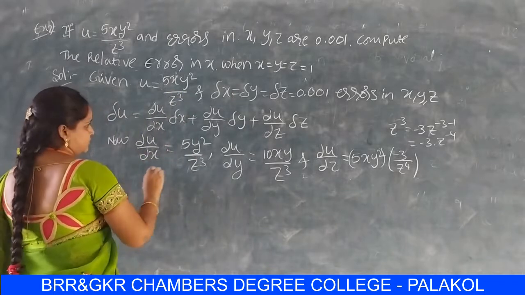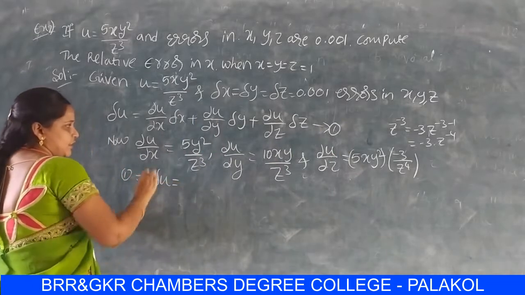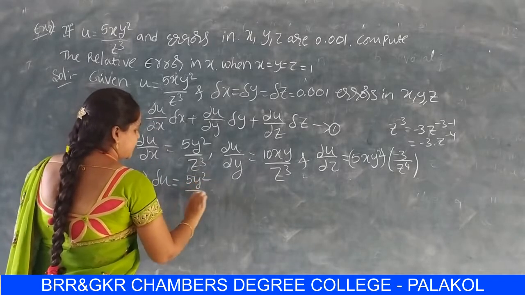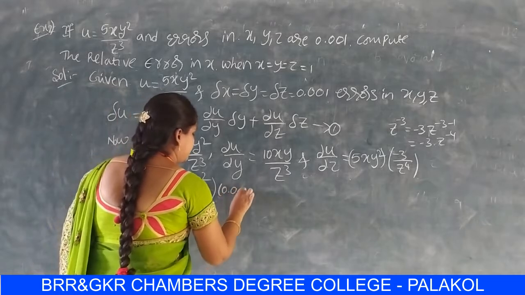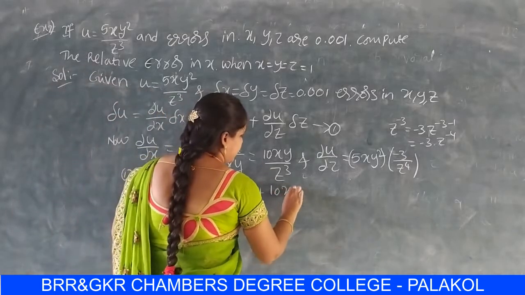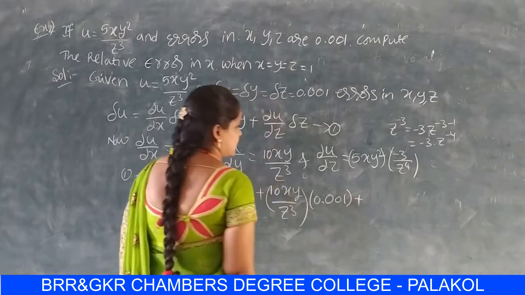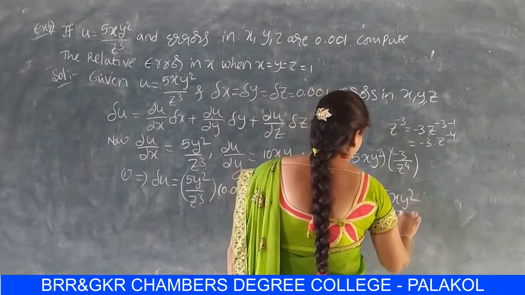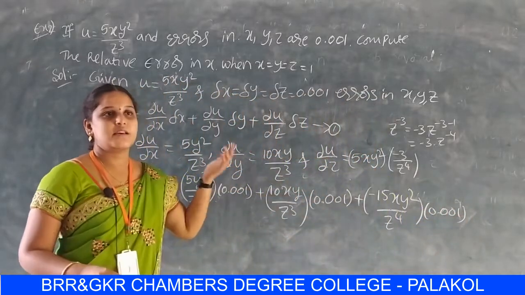Now, equation 1: delta u is equal to dou u by dou x, that is 5y square by z cube, into delta x, that is 0.001, plus dou u by dou y, that is 10xy by z cube, into 0.001, plus dou u by dou z, that is minus 15xy square by z to the power of 4, into 0.001. So this substitution is known as the general error formula.